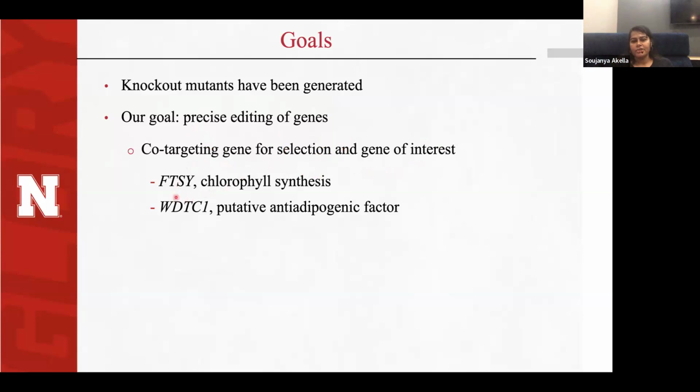Two of our genes of interest: one was called FTSY, which is involved in chlorophyll synthesis, and WDTC1, which is a putative anti-adipogenic factor. When you see adipogenic, think of adipocytes, which are fat cells in our body, or you can think of fatty acids or lipids in plant cells. So it is an anti-lipid, anti-fat factor, they think, based on studies.